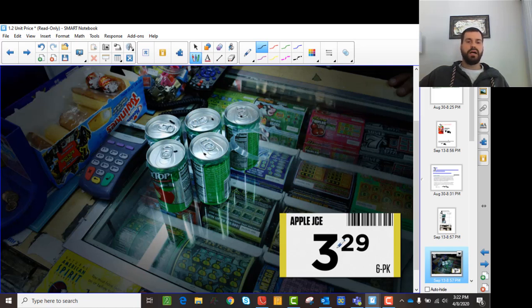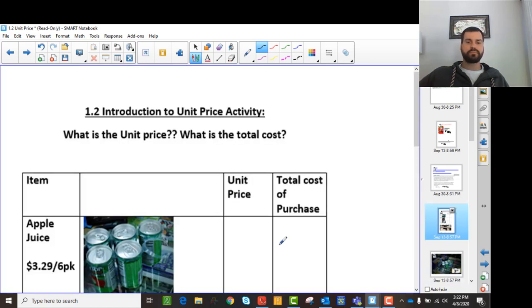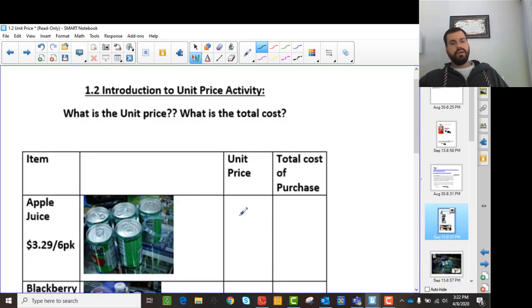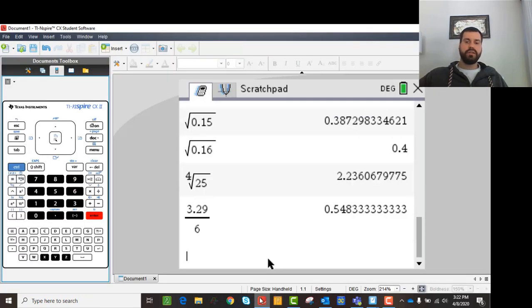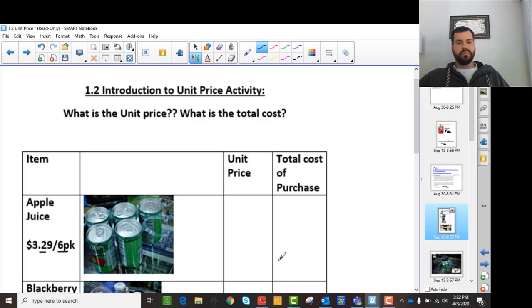I want to know what the price of that is if I was going to buy it. So if I go back to my chart, the unit price, it's $3.29 per 6. So I'm going to divide 3.29 by 6. I'll show you this on my calculator. 3.29 divided by 6 is about 55 cents if I round it. So it's 55 cents per can.